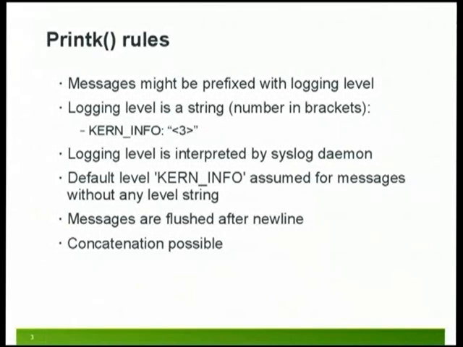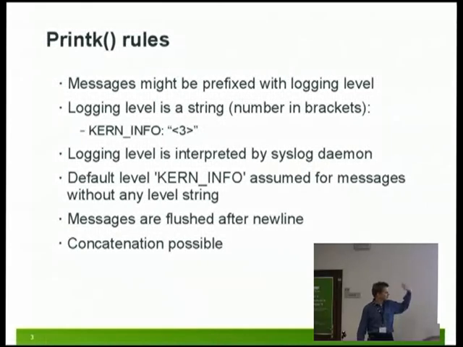The logging level itself is a string in the message and will be interpreted by the syslog daemon in user land. That's the default level. The important thing is that messages are normally flushed out after you insert a newline, which can be used for concatenation. If you don't insert a newline, the message won't be flushed, so you can actually concatenate things.